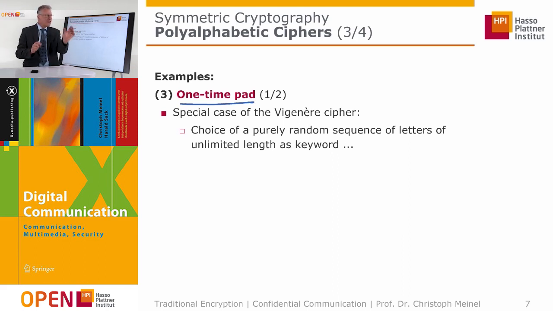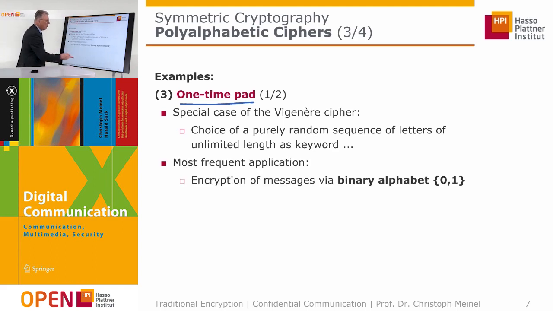The keyword is not generated by repeating a short keyword as long as the length of the plain text. Here the key is generated as a random sequence of letters of unlimited length, so that for each plain text we have such a random sequence of letters as a key for this computation.